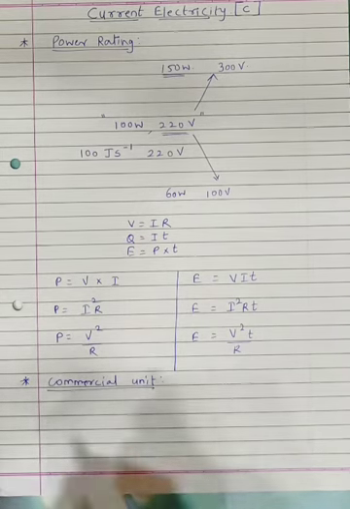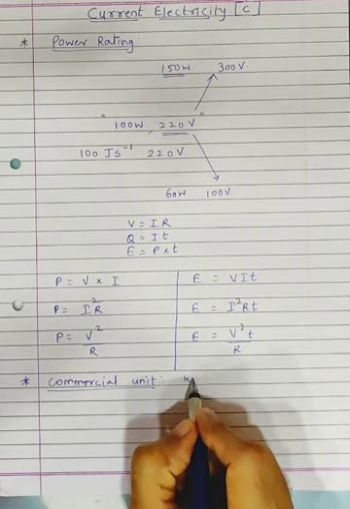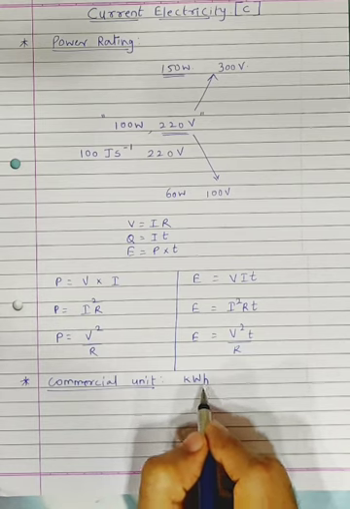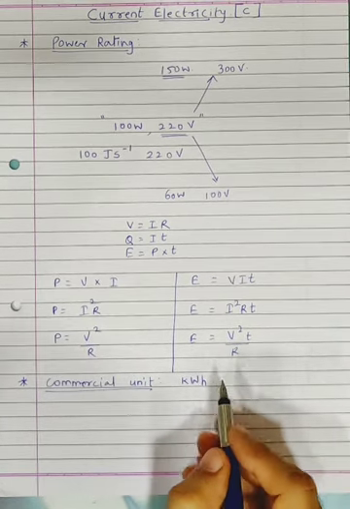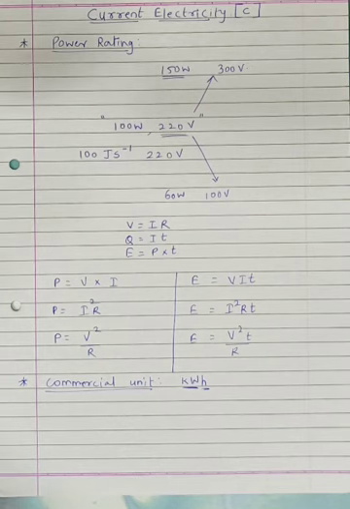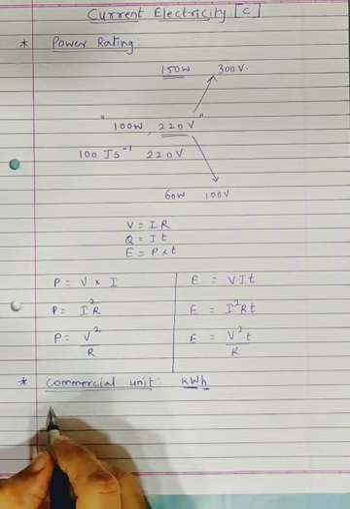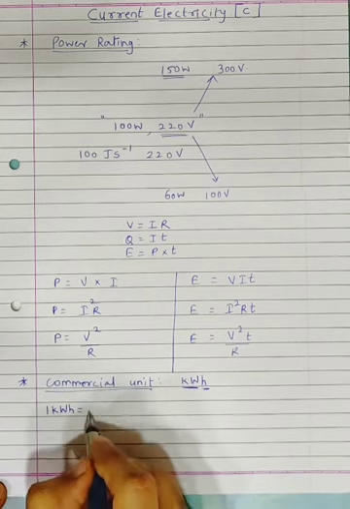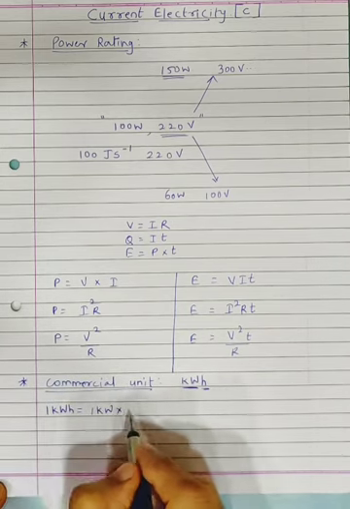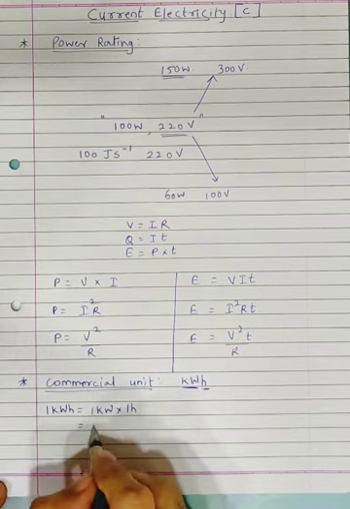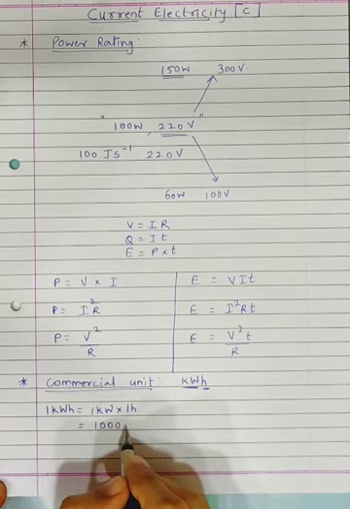Now what is a commercial unit? So commercial unit is the unit in which they calculate your electrical energy consumed, the unit kilowatt hour. So kWh means kilowatt hour. Now 1 kilowatt hour is equal to 1 kilowatt into 1 hour. 1 kilowatt is how many watts? 1000 watt.